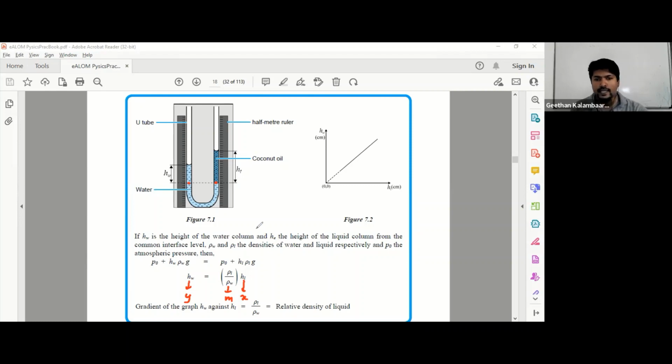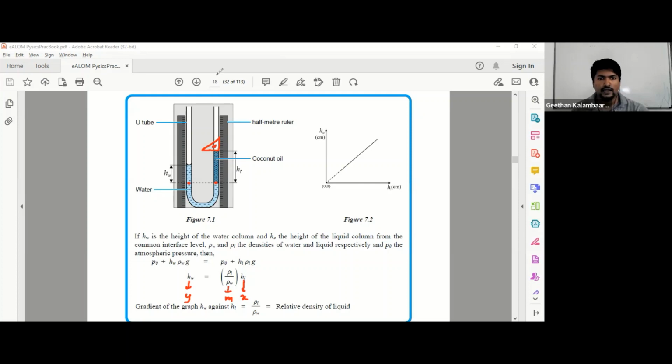Why do we need a set square in this? You might wonder what the reason is. You can keep your set square like this on the meter ruler and slide it up and down on this half meter ruler to exactly find the level of the liquid.